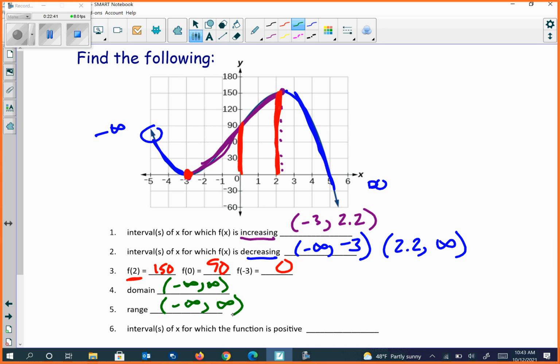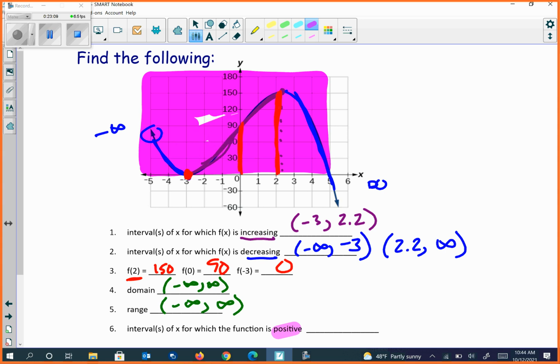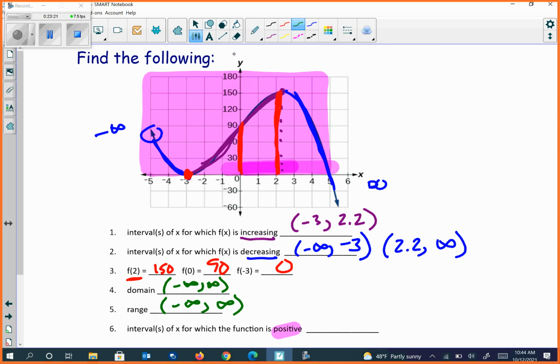And then where is our graph positive? So remember, that's above the x-axis. So this whole pinkish region, with the exception of things that fall right on the x-axis, okay, that whole pink region, other than where it crosses the x-axis, is positive.